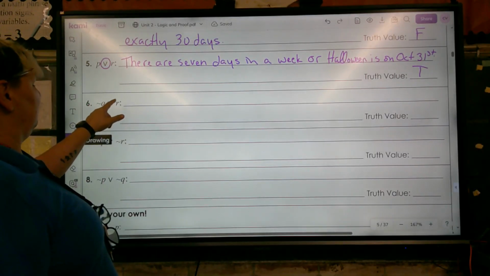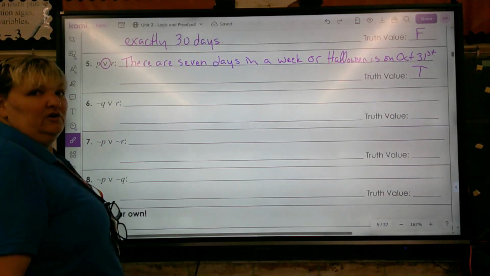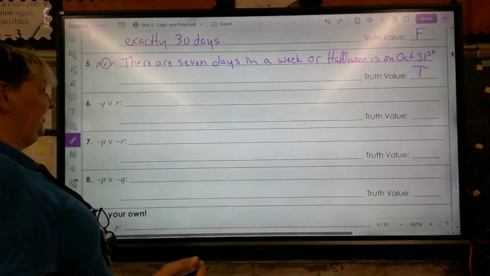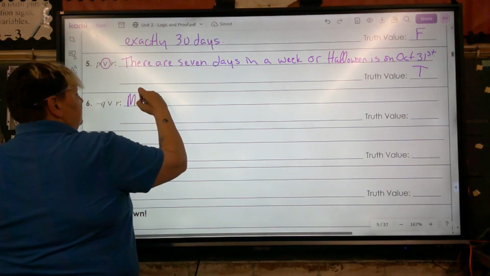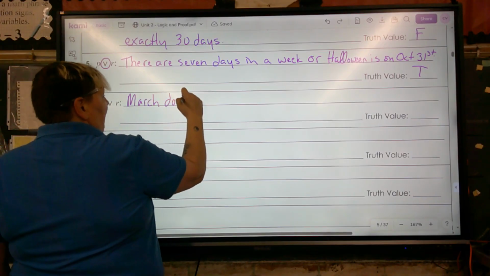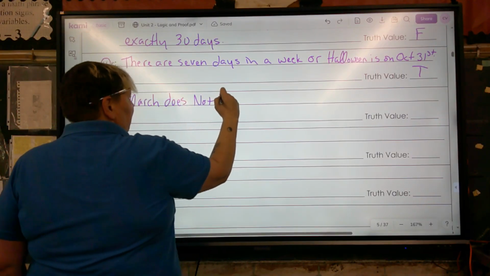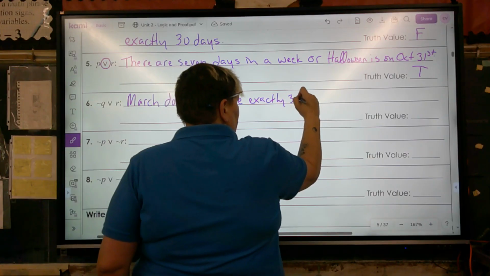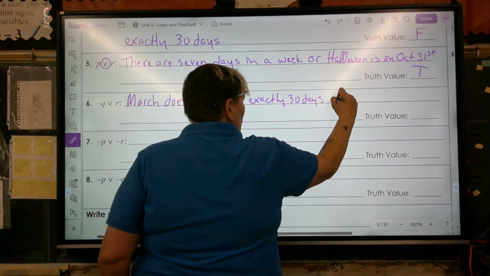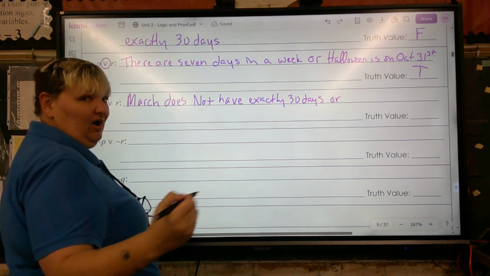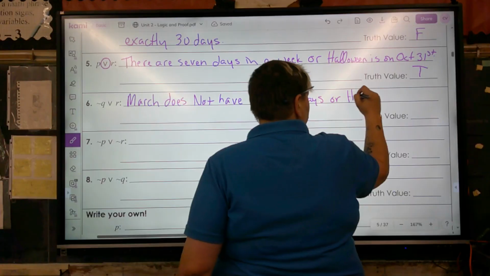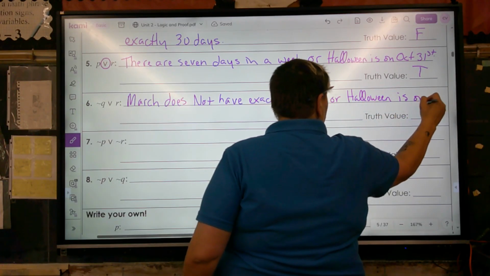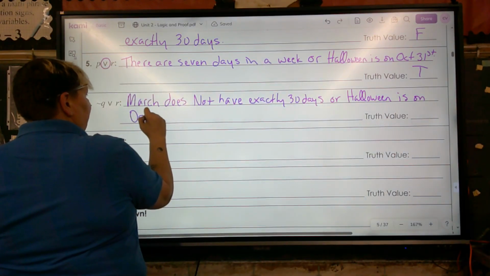Not Q or R. Not Q, March does not have exactly 30 days, or Halloween is on October 31st.